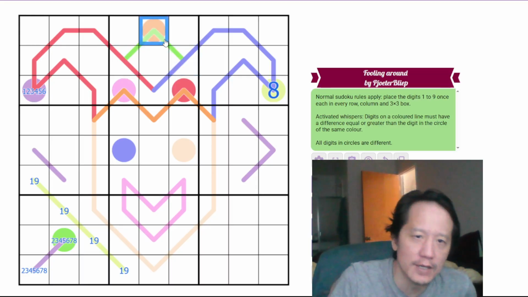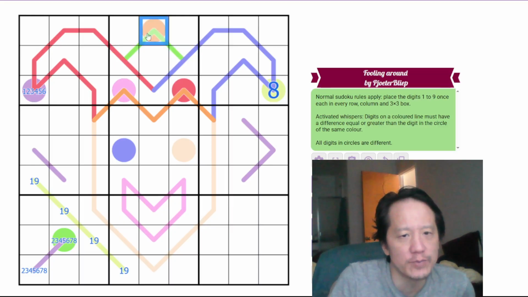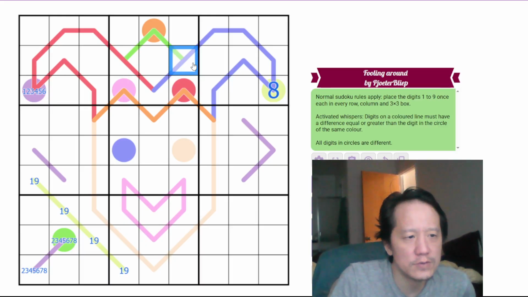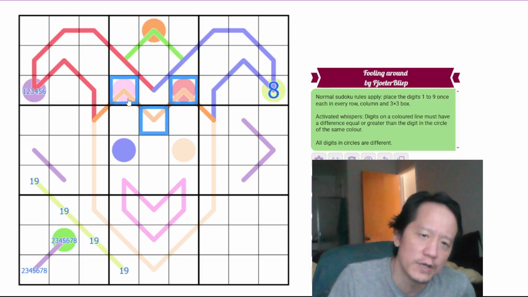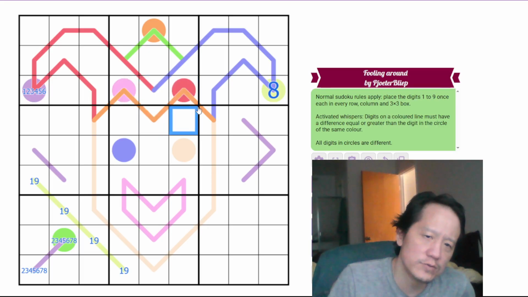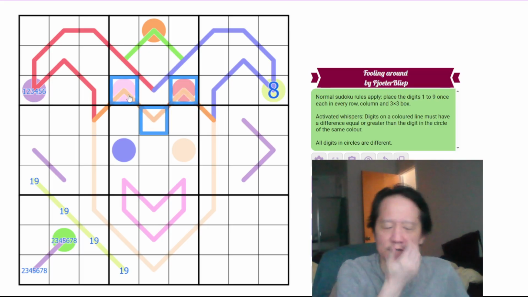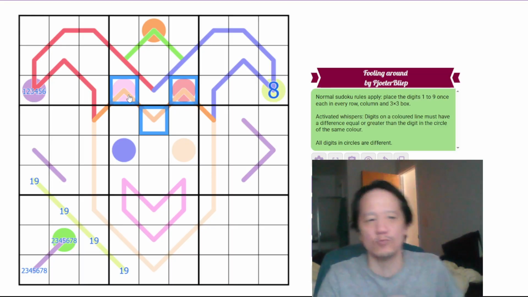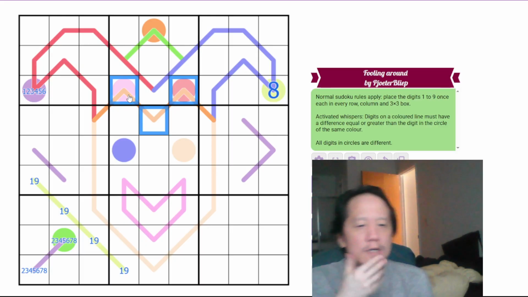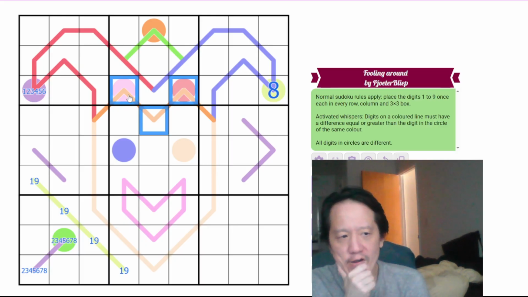Well, this can't be 9 with 1 or 2, so this would have to be 1 with 8 or 9. 8 and 9 here. That seems feasible. Oh, that's interesting, though. That would force this to be a difference of 1. Which is possible. At least difference of 1, because you could have any... It doesn't have to be difference of 1 exactly, right? It's 1 or more. So that could be the case.